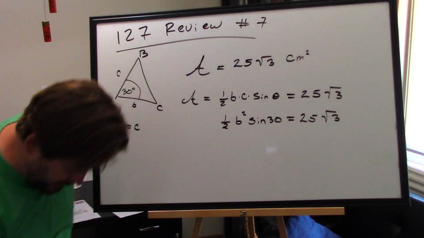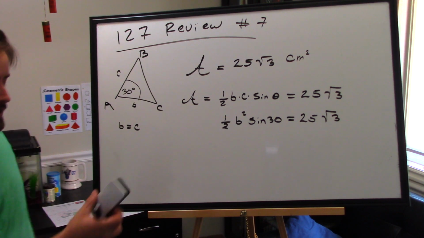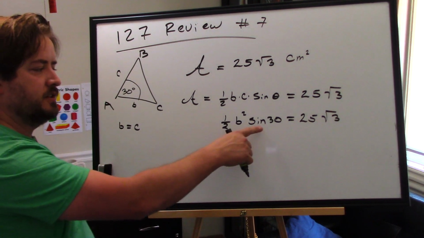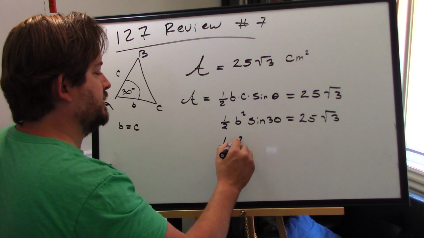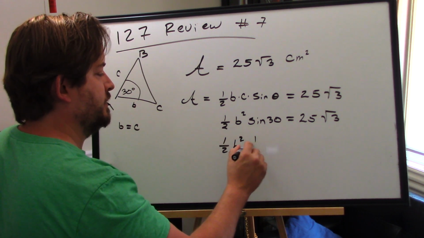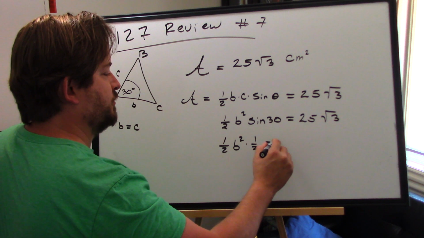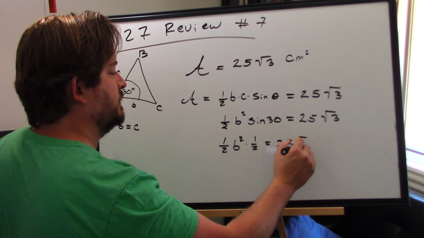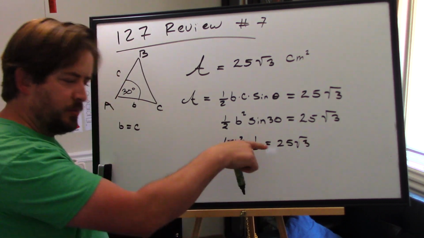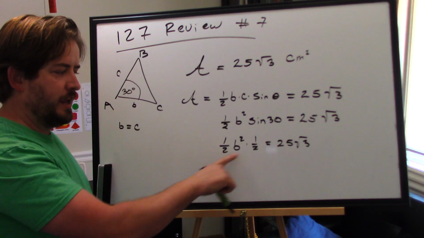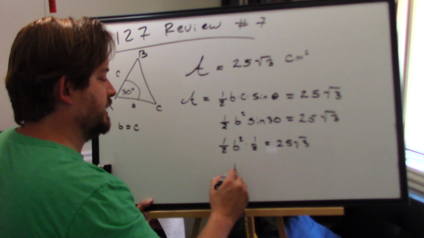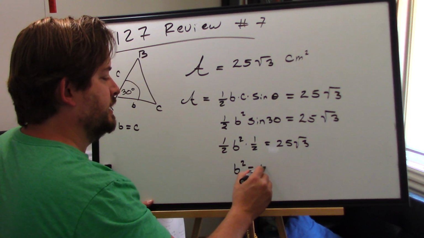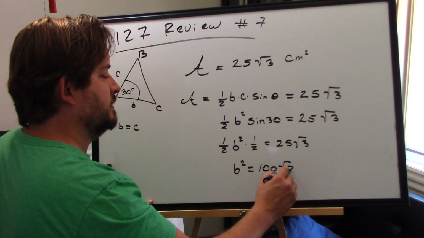So sine of 30, 30 is that shallow angle, so sine is the small one, it's a 1/2. So I get 1/2 B squared times another 1/2 is equal to 25 root 3. So if I multiply both sides by 4, that'll kill my 1/2 and the other 1/2, and that'll turn it into 100 on the other side, but that gives me B squared equals 100 root 3.